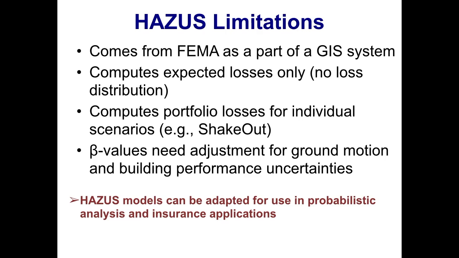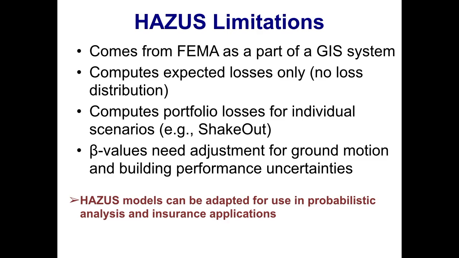And then the beta uncertainty values need adjustment for ground motion and building performance uncertainties if you're going to use it in a probabilistic analysis and adapt it for insurance uses.